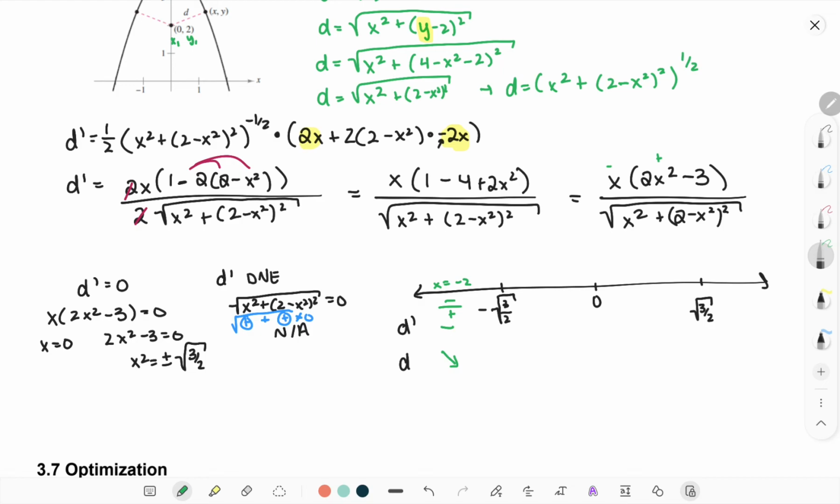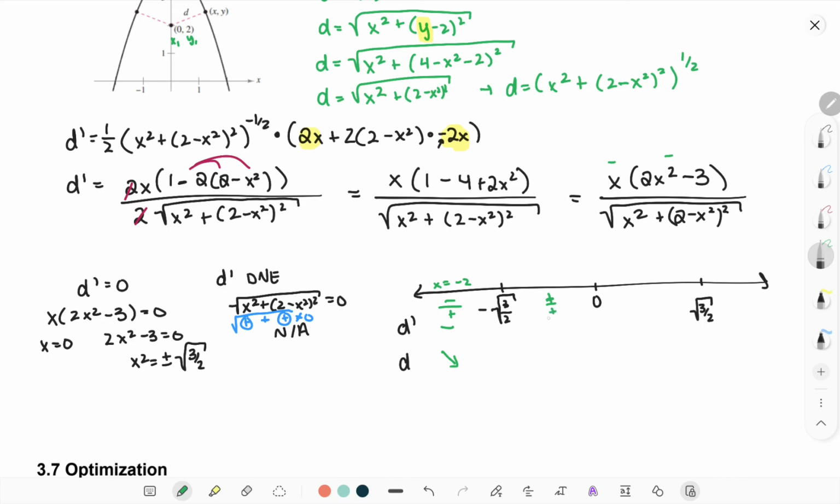If I move between negative root 3 over 2 and 0, now I still have a negative number for this factor, but I'm also going to get a negative number here because I'm subtracting 3. That first term will be smaller. So I get positive over positive.